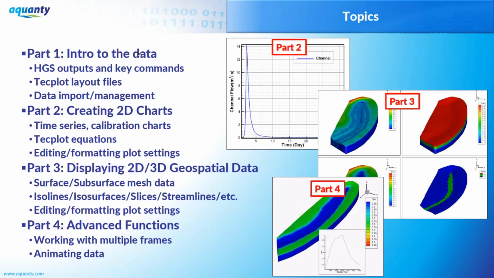So yeah, the presentation will be divided into 4 parts. Part 1 will be the introduction, talking about HGS output, what kind of HGS output, what data you will get out, and how you control the data coming out of HGS. Part 2 covers what kind of HGS data we can plot as a time series, and how to edit and show time series plots.